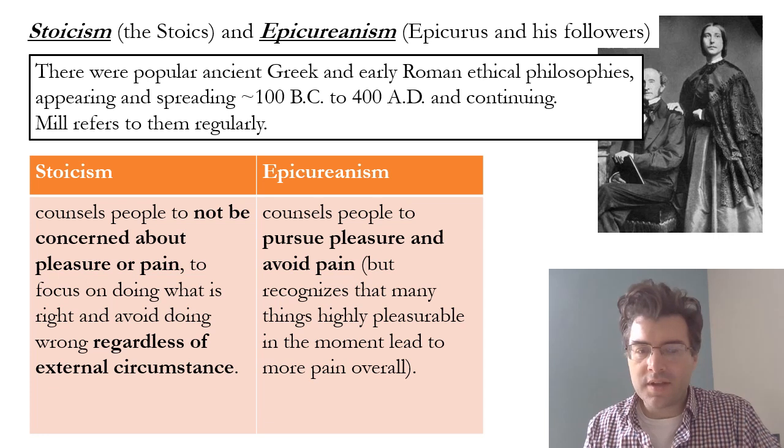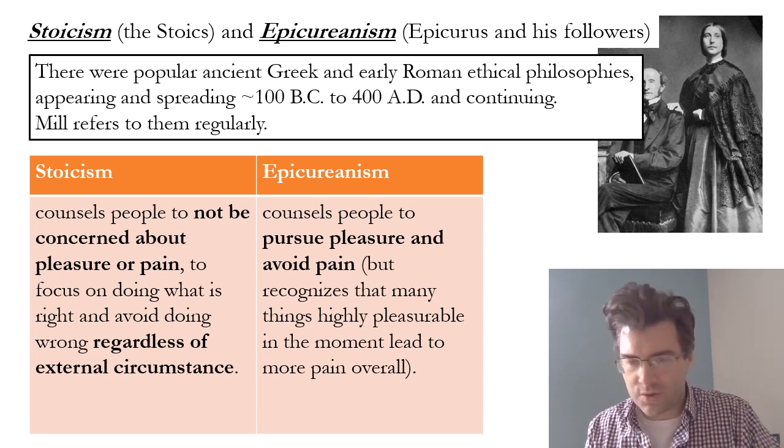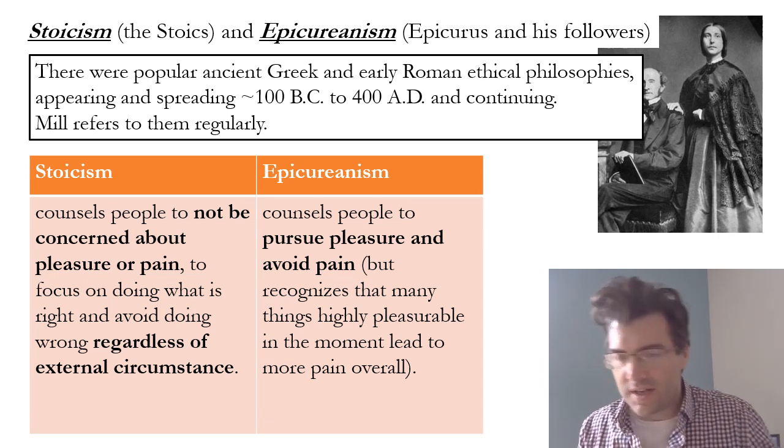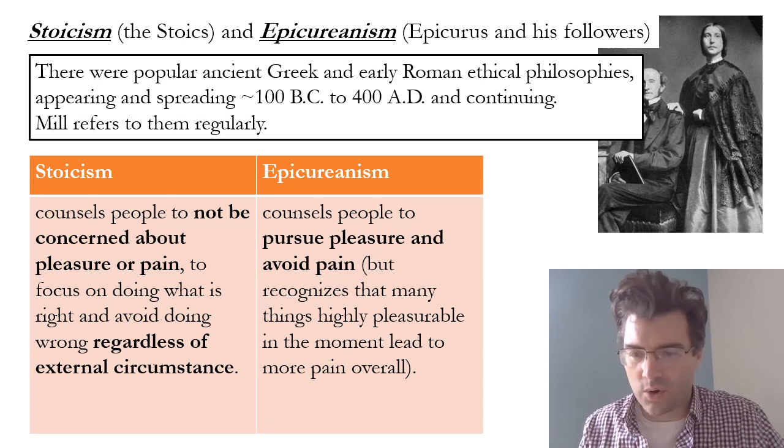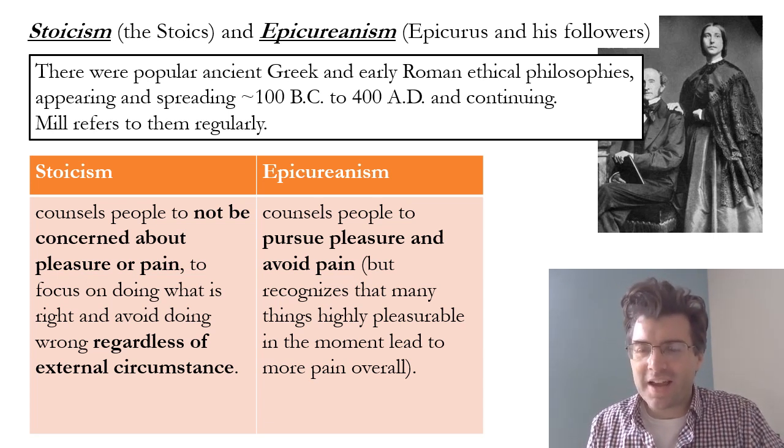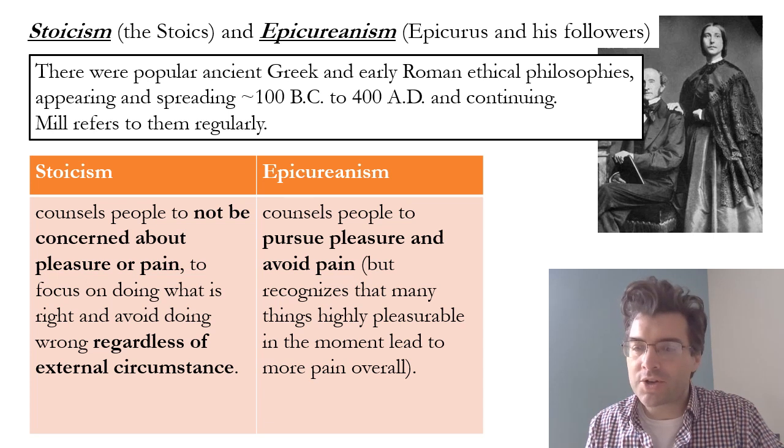So the Epicureans didn't recommend drinking to excess, or eating to excess, or copulating to excess, and so on. They recommended enjoying pleasures in moderation because that was the best way to maximize pleasure overall.